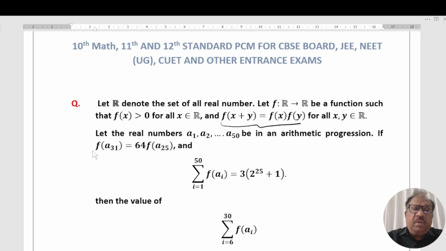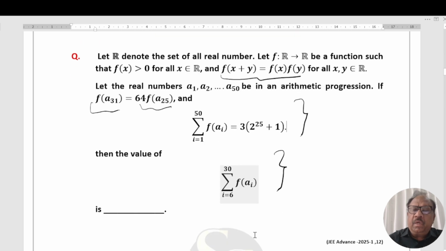If a31 equals 64, a25 and this, then we have to find the value of the summation i equal to 6 to 30 of ai. The question is taken from JEE Advanced 2025.